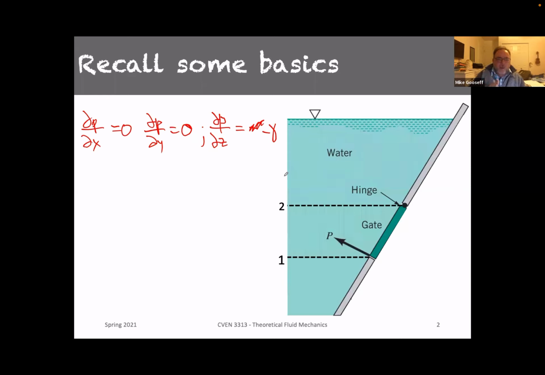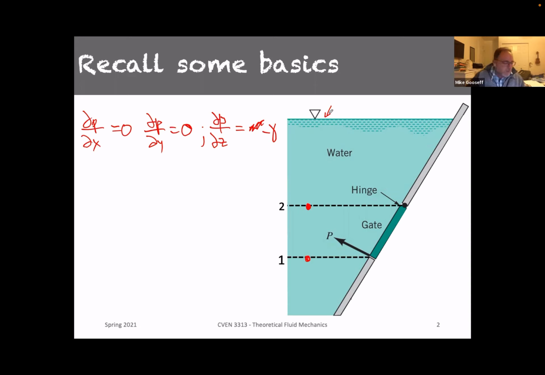But for now, let's just talk about these 2 elevations, because even if the 2 locations we cared about were point number 2 being here and point number 1 being here, the only thing that matters is the fact that they are 2 different depths below the free surface, right? The free surface is up here, okay?